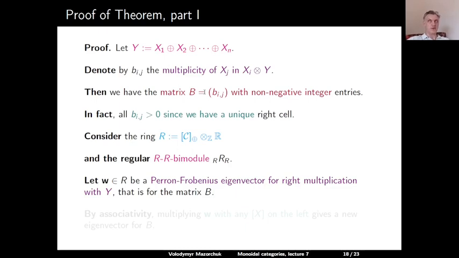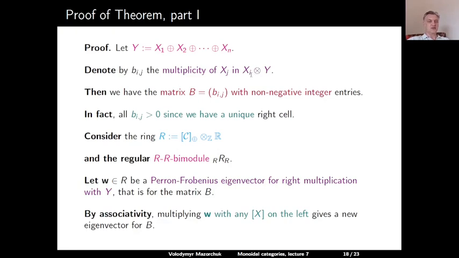So it has a Perron-Frobenius eigenvalue and the corresponding positive Perron-Frobenius eigenvector. So we can view this eigenvector as an element in our ring R. Note that in the definition of B, we tensored with y on the right, while in the definition of A_x, we tensored with x on the left.